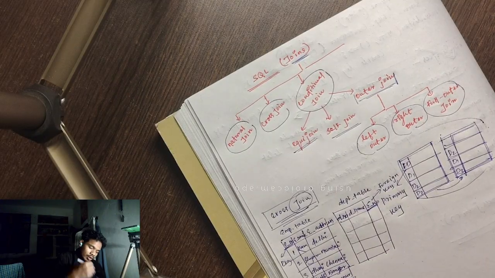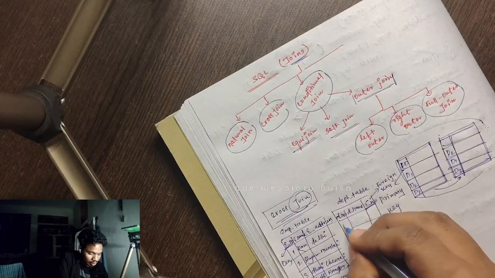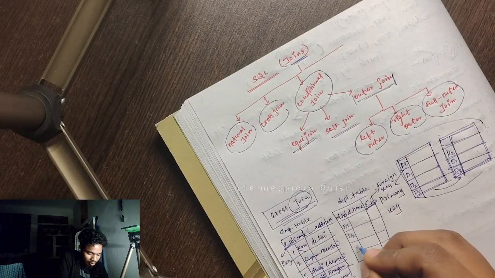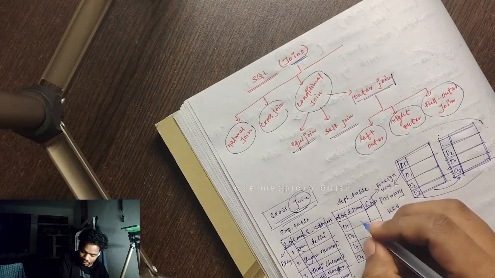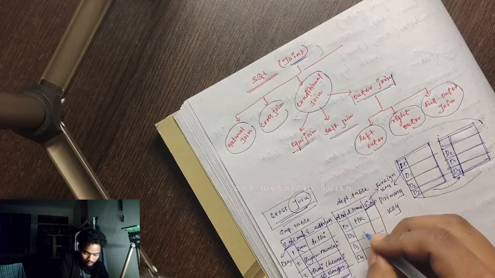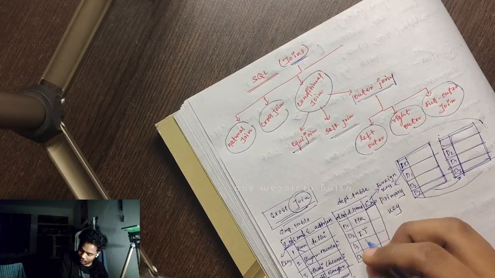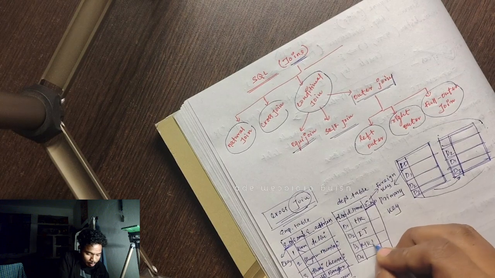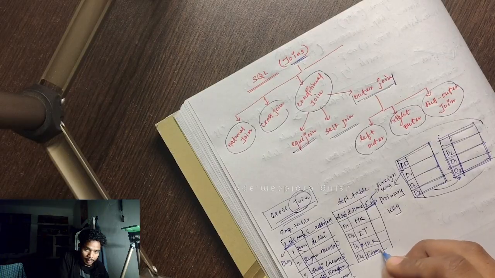Then for department number we can give D1, D2, D3, and D4, and departments HR, IT, marketing, and finance.